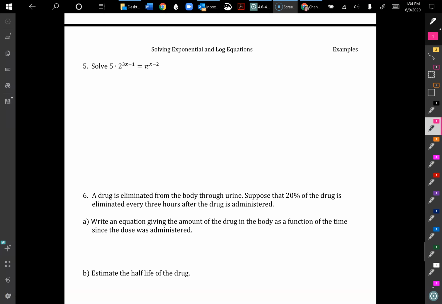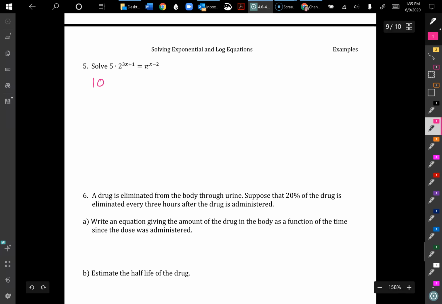Okay, so for the first thing I want to do here is I'm going to take the log of both sides. Even though I have this coefficient here, I can deal with that after because I can use my product rule or property once I take the log of both sides. So let me try that first.